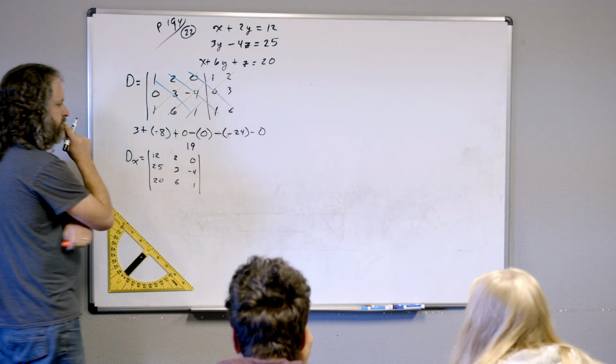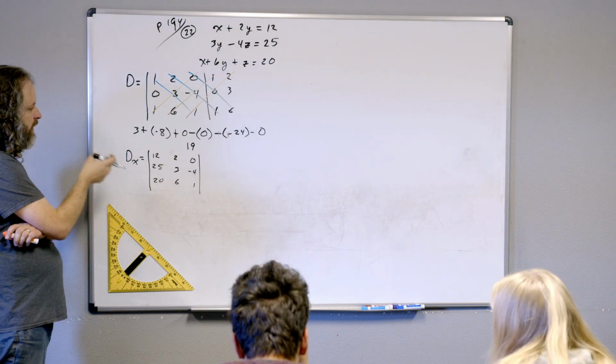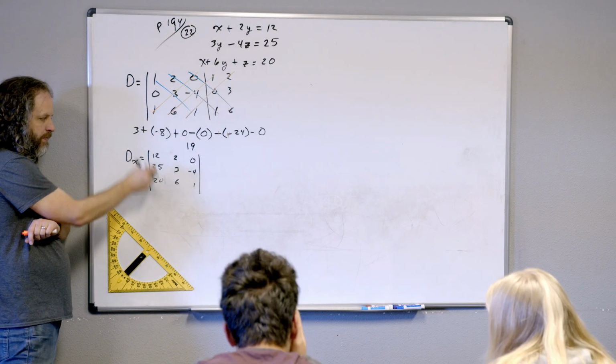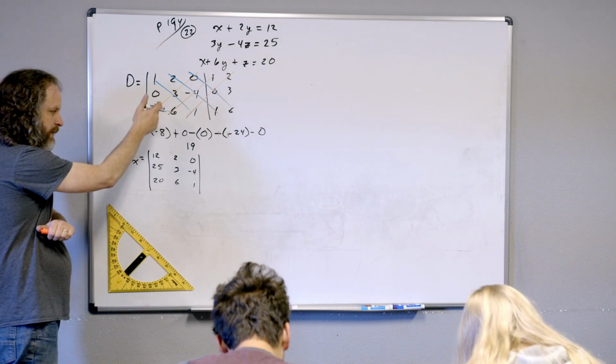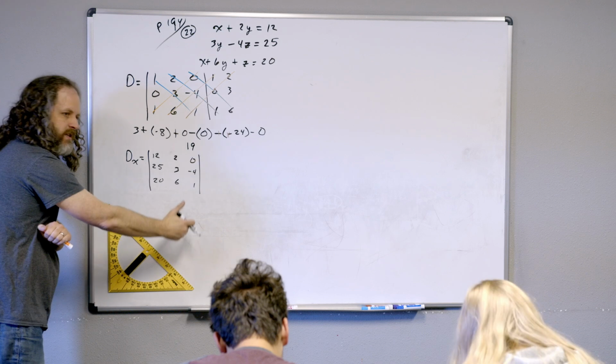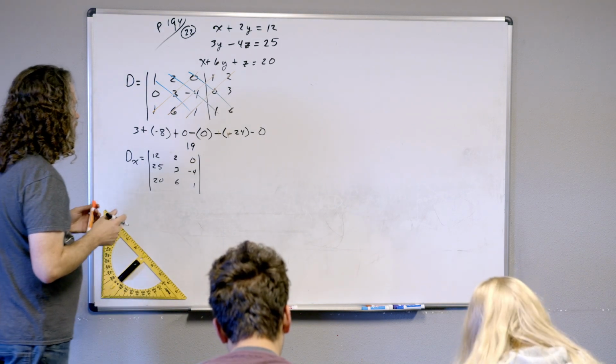Could you put the 12, 25, and 20 at the end, or does it have to be at the beginning? For the dx, we are replacing the x column. And yes, it has to be the x column. The dy would be replacing the y column, and the dz would be replacing the z column. It does matter, yes.